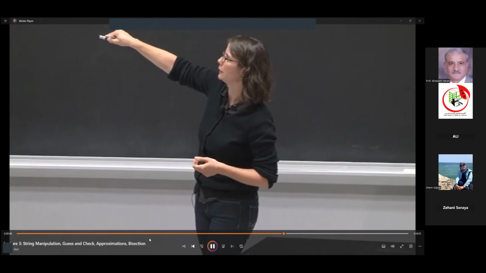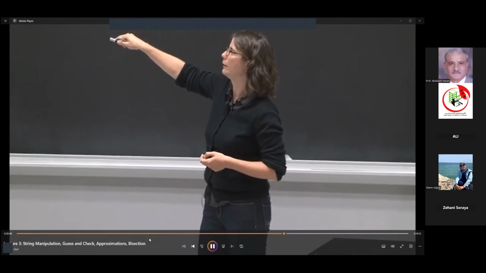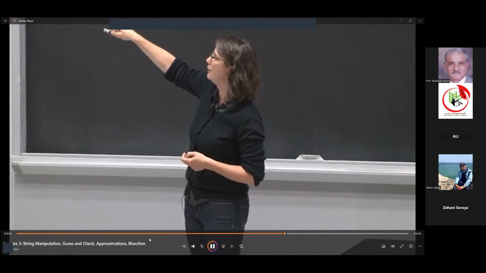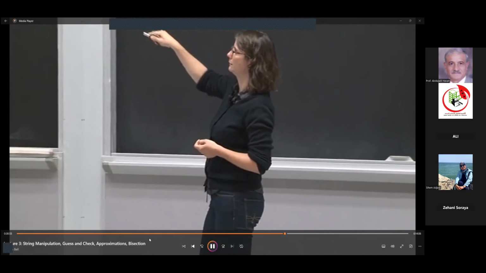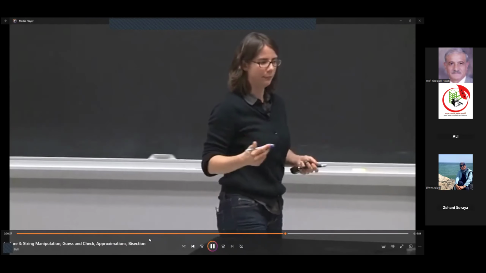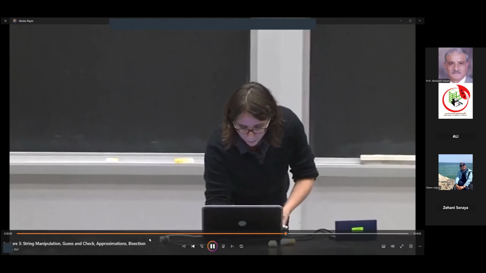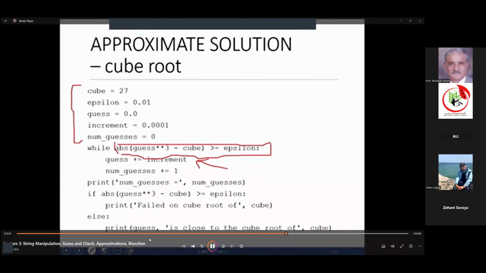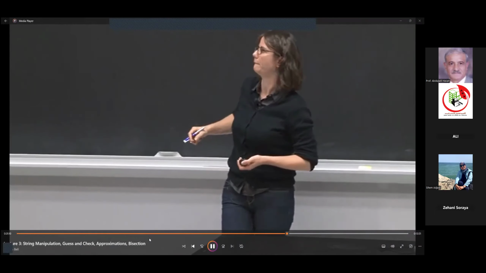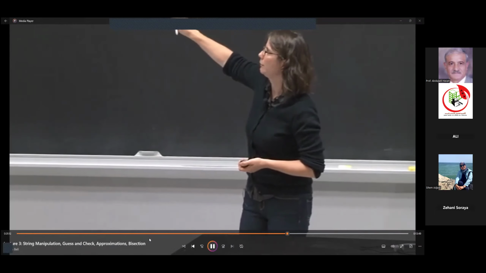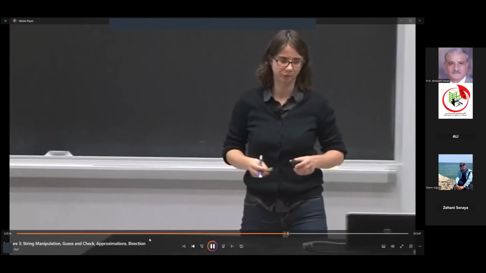So we're going to be stuck in this loop where we keep guessing values until we've reached a guess that's good enough, until we're less than epsilon. And the way we keep guessing is just with this line right here, which says increment my guess by increment, and increment being this really small value. That makes sense? So I'm going to keep incrementing my guess by that small value.